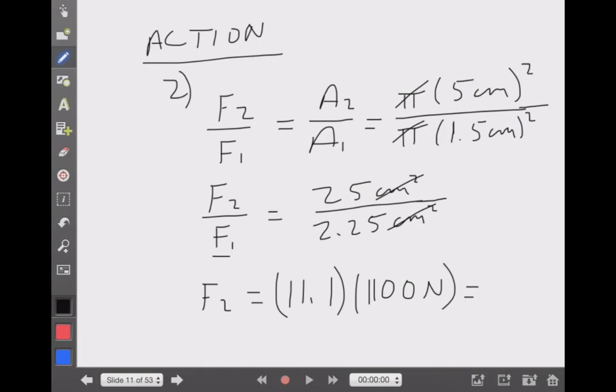That gives us 12,222 newtons, or as the book shows, 12.2 kilonewtons. So this problem has given us an advantage of basically 11 times 11, or a factor of 12,000 in that hydraulic machine.